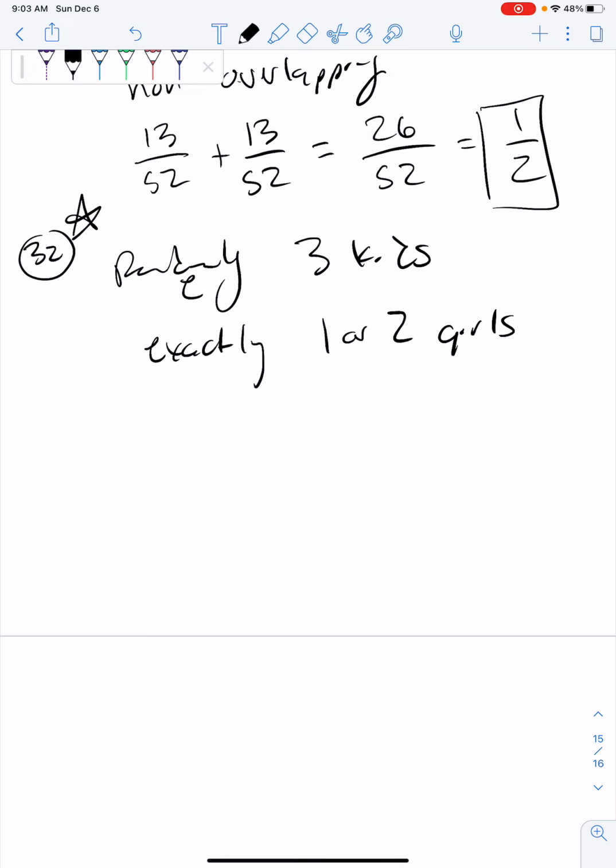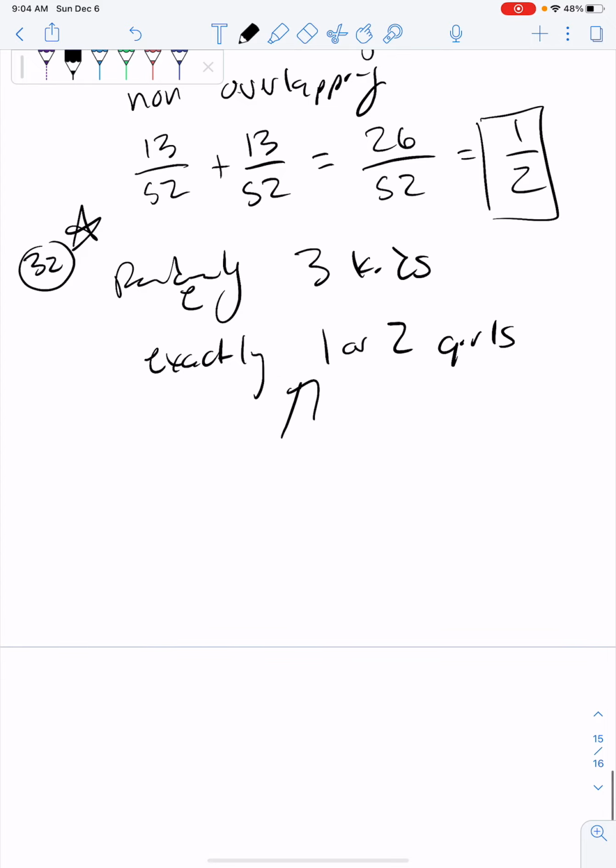Now, I gave you a formula to do this because if you only had to figure out the family of 3 kids, that's easy. You can handle that. But some of you are going to have to do this with a family of 6 kids. So I gave you a formula in class to use that makes this a little bit easier.